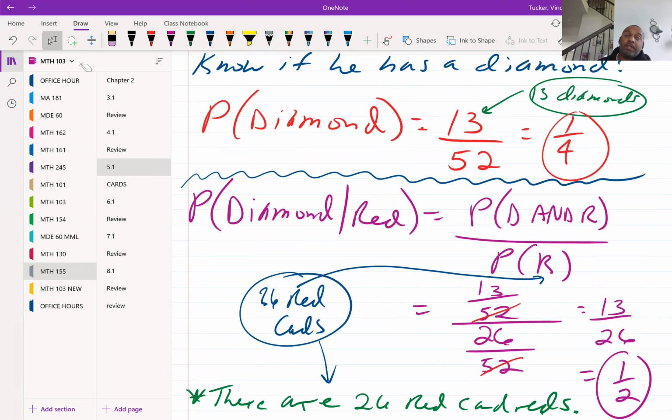We have diamonds and hearts, 26 red cards. So that's why this is 26 over 52. And that simplifies to 13 over 26. Those 52s cancel just like on the last problem we had the 665 that canceled. And that reduces to 1/2.